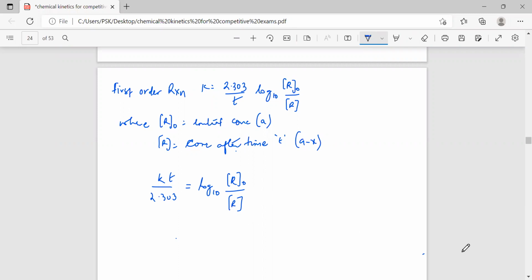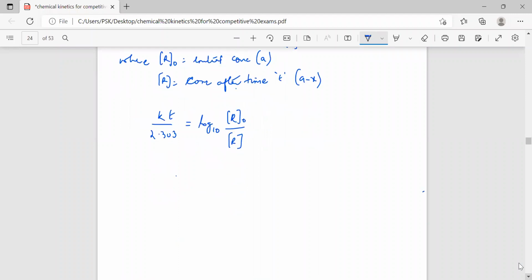Now, how can I write log a by b? I can write log a by b as log a minus log b. That is log R naught minus log R. So what will be log R?